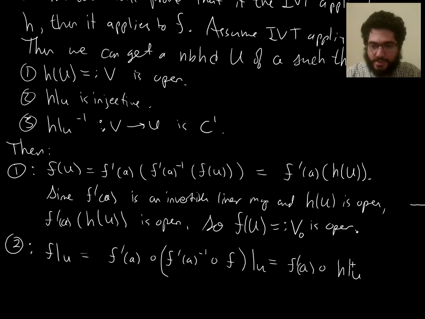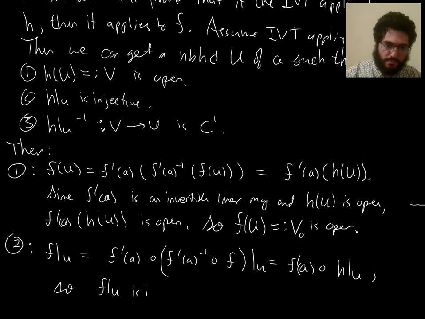Okay, h restricted to u is injective, and f prime a is a bijection, right? We assumed it's an invertible linear map, so this is a bijection. So therefore, this is a composition of an injection with another injection, so we get an injection. So the idea is both of these are injective.